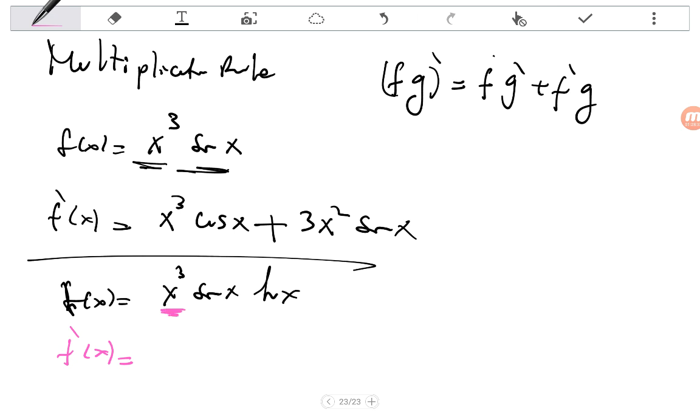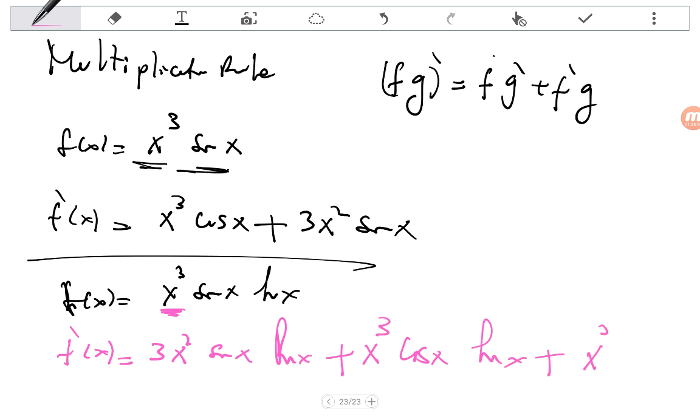I make the derivative for the first, that is 3x squared, and leave the others as they are. Plus leave the x cubed and leave the ln, but make the derivative of the second one, which is the sine, it will be cosine. Plus, now leave the x cubed as it is and the sine as it is, but make the derivative only for the ln, so that will be 1 over x. So that's the derivative of three multiplied functions. Okay? So this is called the multiplication rule.